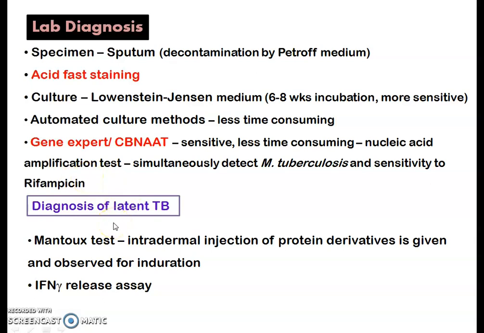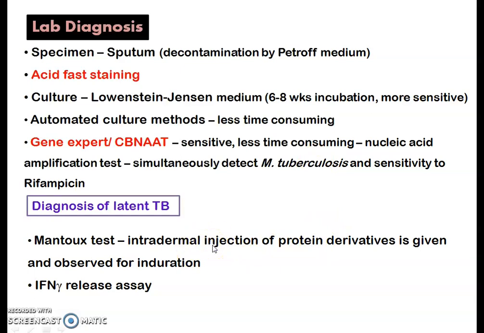The diagnosis of latent TB is done by the Mantoux test. You might have heard about the Mantoux test. It is the intradermal injection of purified protein derivative. The protein derivative of Mycobacterium tuberculosis is given as an intradermal injection.